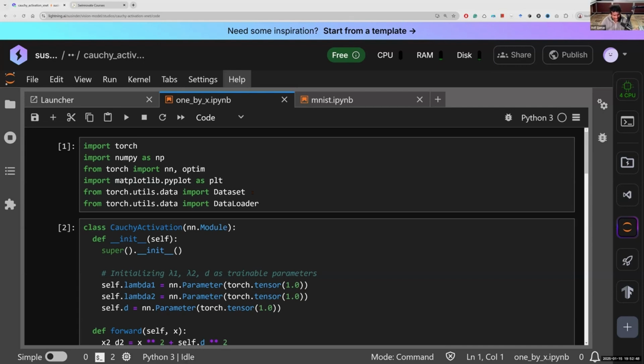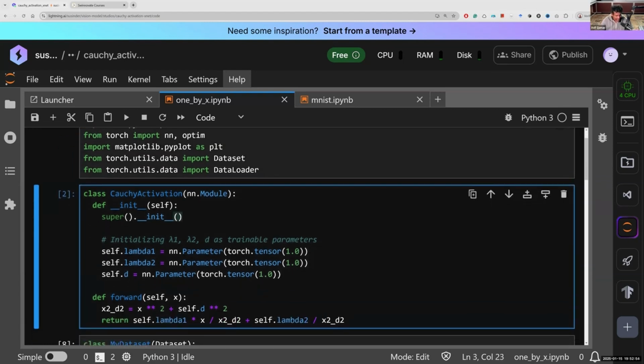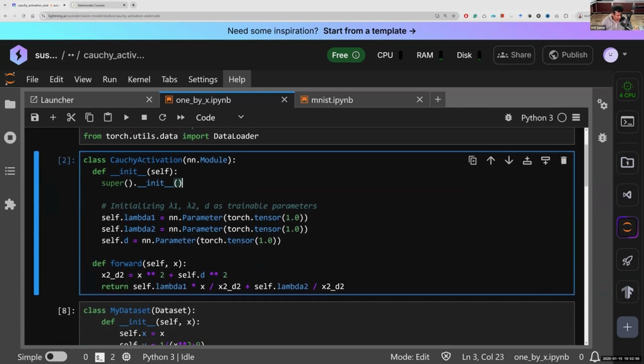So what I'm doing here is just importing all the libraries, okay? And here is the Cauchy activation function. All you have to do is create a class like this, class CauchyActivationFunction, and you just subclass nn.Module.